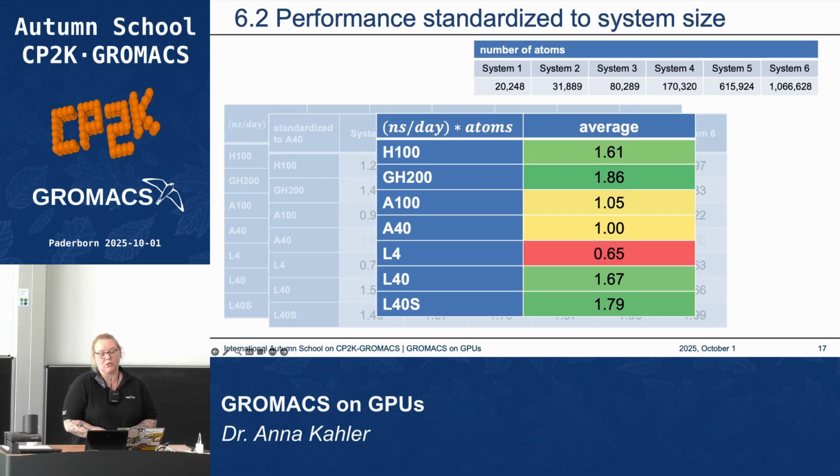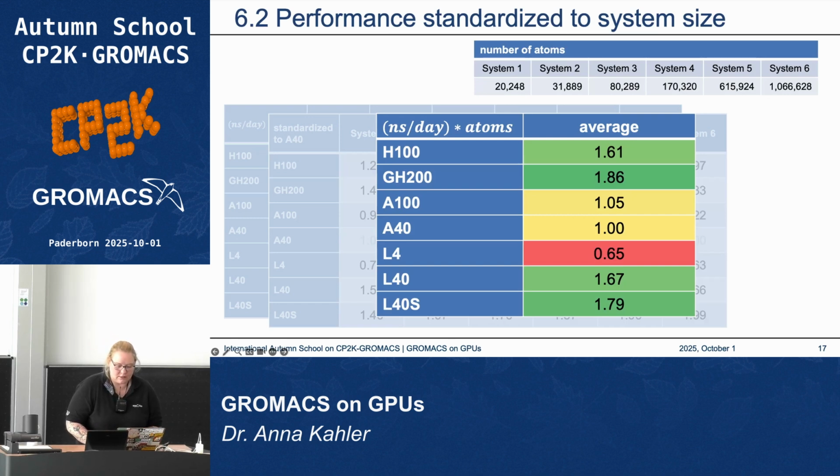But that is only because they have fewer CUDA cores compared to the new generation. So there's no improvement in code. There are no differences in setup. The only difference here is the number of CUDA cores.